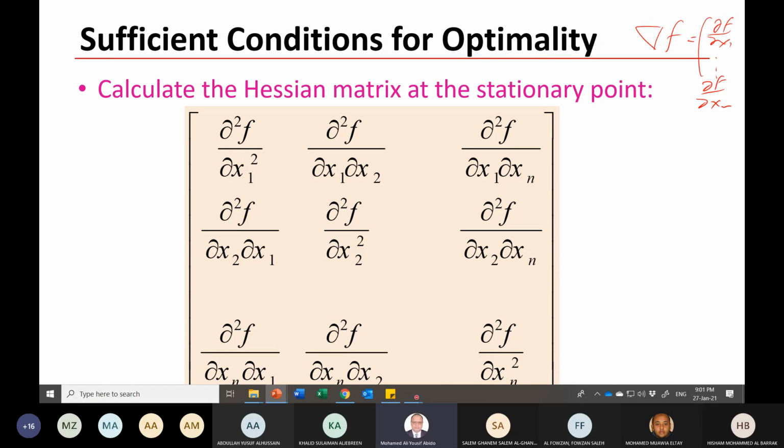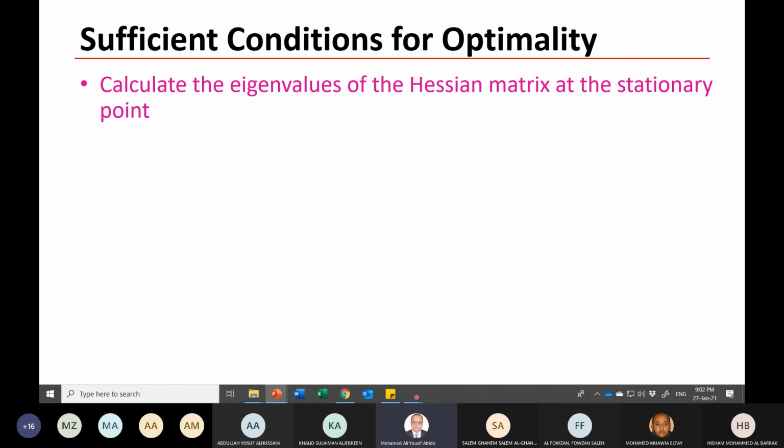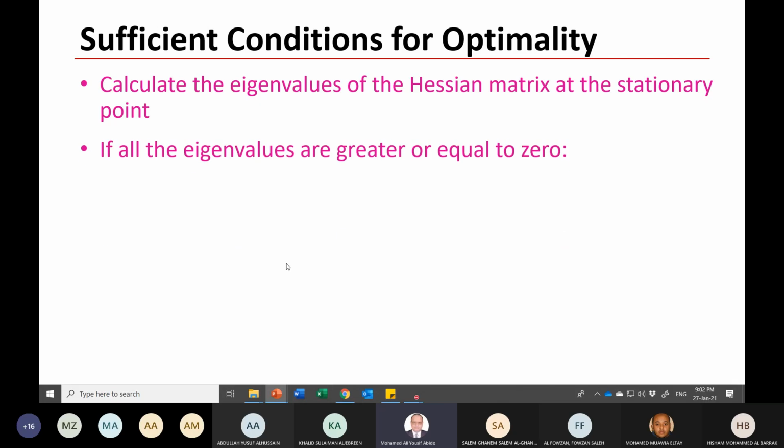And the Hessian matrix is the square matrix n by n. You can solve the necessary conditions to find the stationary points, and then you can get the eigenvalues of the Hessian matrix in order to differentiate between the minima and maxima.